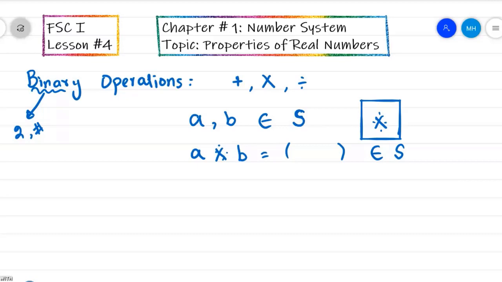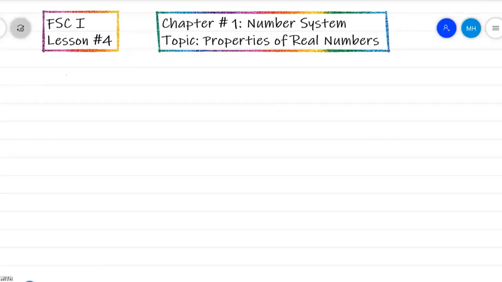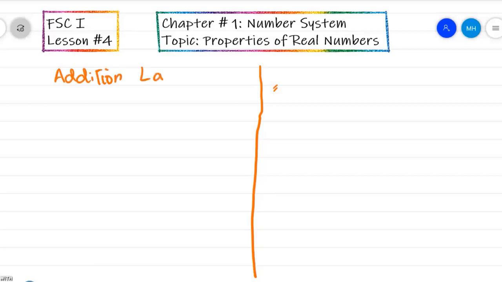To make it easy, I'm going to make a comparison between two operations. I'm going to apply the laws here for addition, and you have to make the laws for multiplication. This one is for your home task. So the properties are the same, but the operation is different. Here the operation is addition, and here the operation is multiplication.